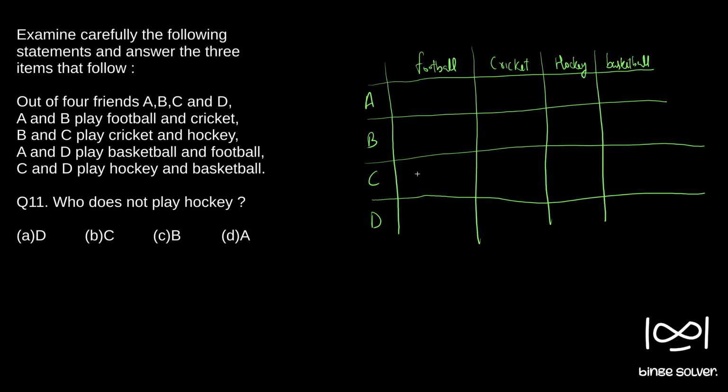So the given information is A and B play football and cricket, so I'm just marking for A and B. B and C play cricket and hockey.